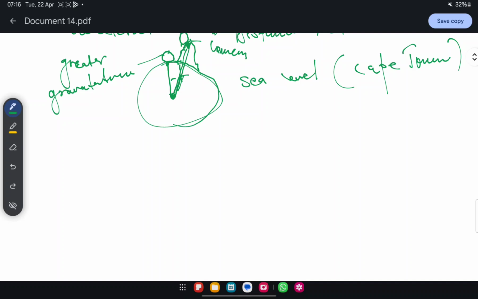You have to be able to calculate it. So the value differs between planets.